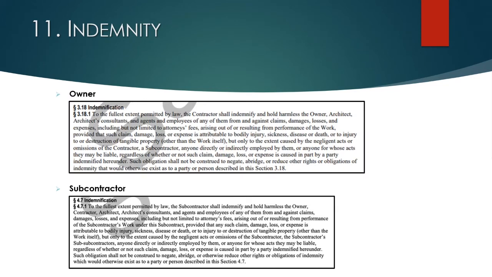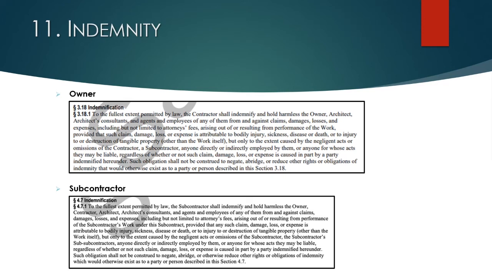These are some sample indemnification provisions in the AIA contract documents, and I'll just caution you that I don't think the provisions here, without more, are enforceable under Florida law, because you have broader language in here that I don't think complies with 725.06.